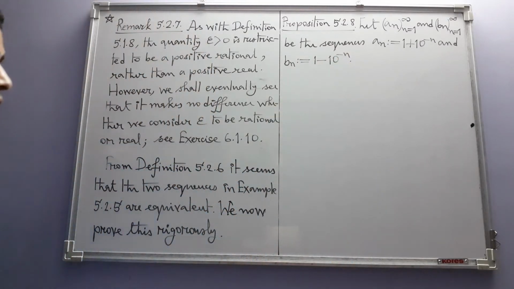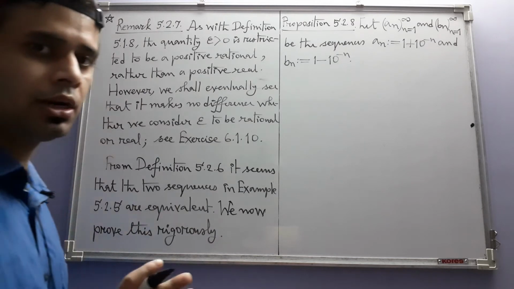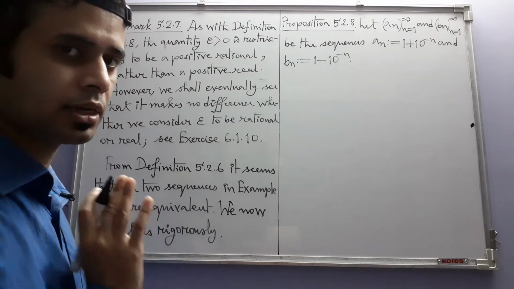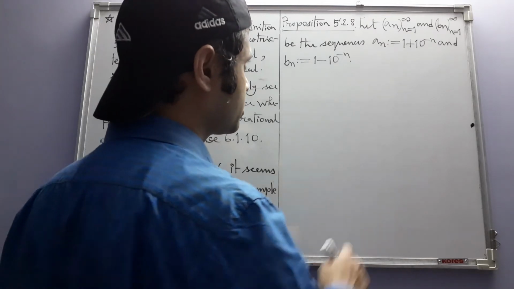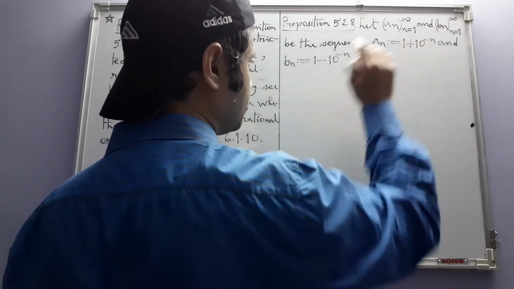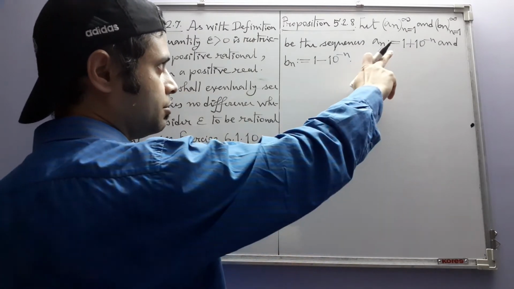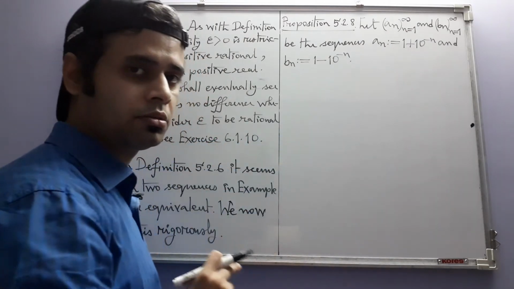You can see that these formulas will actually give you the sequences that we have seen in example 5.2.5. For example, if you put n equal to 1 here, then you will get 1.1.